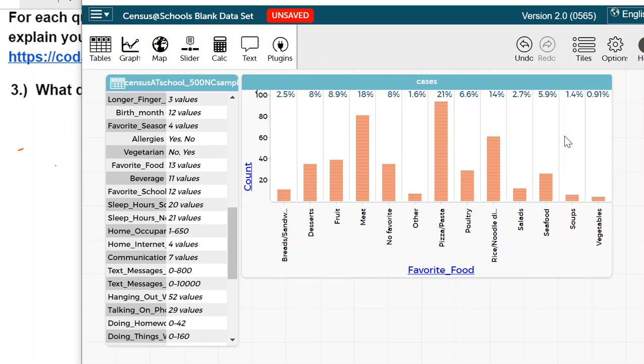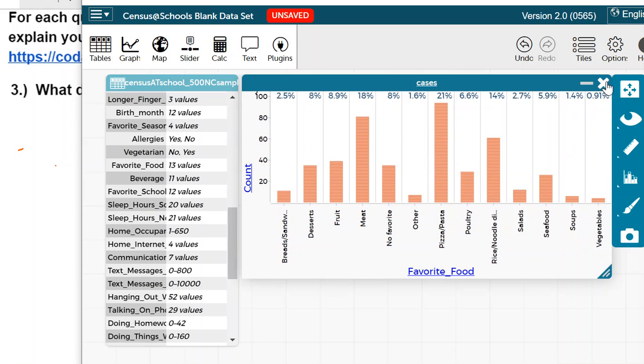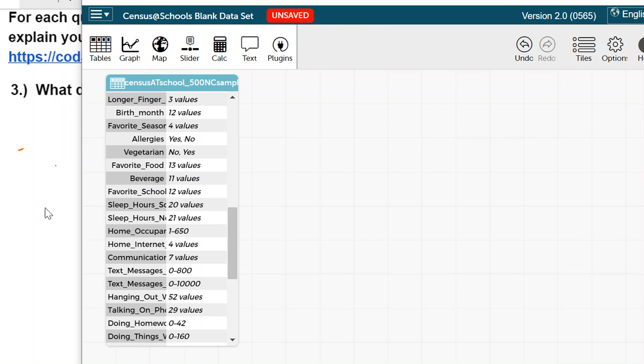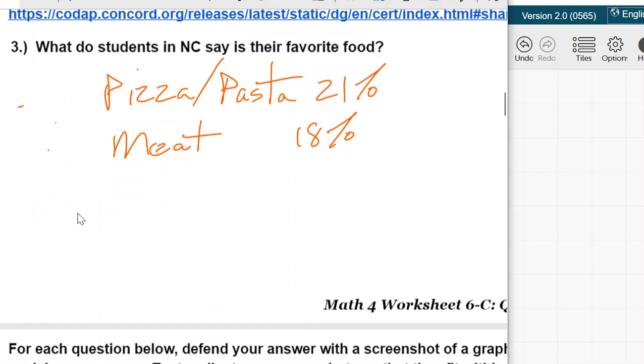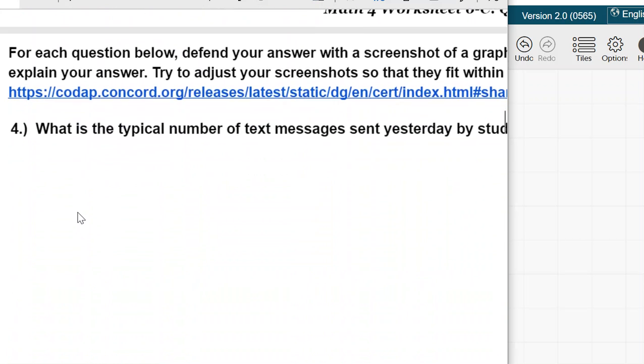And like I said, screenshot it and paste it over there onto your page. And it's all right if yours looks a little different from mine. That's okay. I have to presume that with the wide variety of options that CodeApp gives you, some people are going to maybe not fuse them into bars, maybe not view the percent, and that's fine. You can look at just the stack of dots and say, ooh, that's the biggest one.